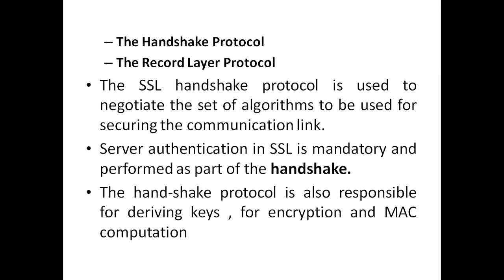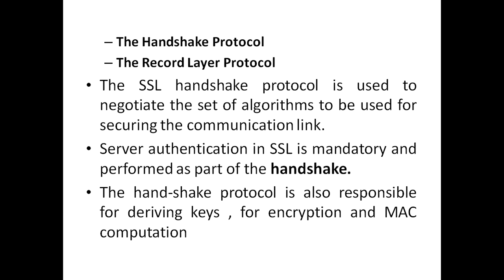So let us see in brief what exactly the handshake protocol does and what this SSL record layer protocol does. SSL handshake protocol is used to negotiate the set of algorithms to be used for securing the communication link. Apart from this, server authentication is also mandatory and performed as part of the handshake.